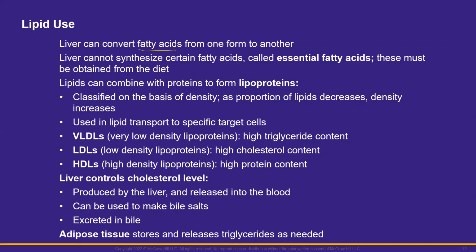The liver cannot synthesize certain fatty acids, and the ones that cannot be made in our body are called essential fatty acids. They have to be obtained from the diet.